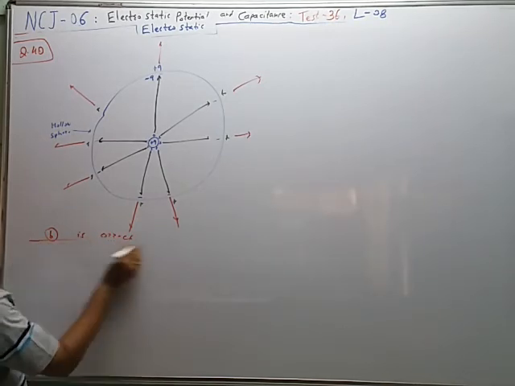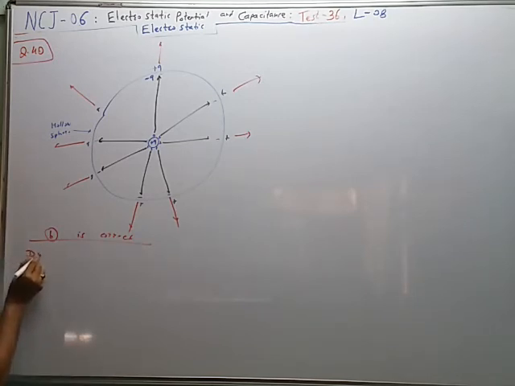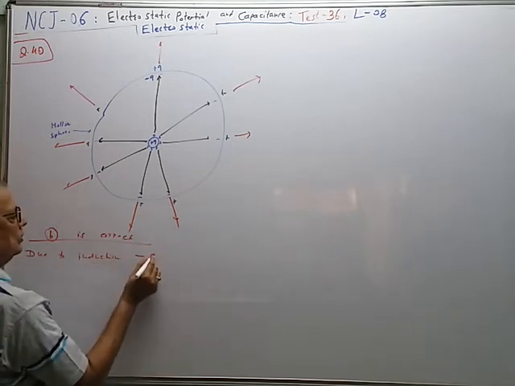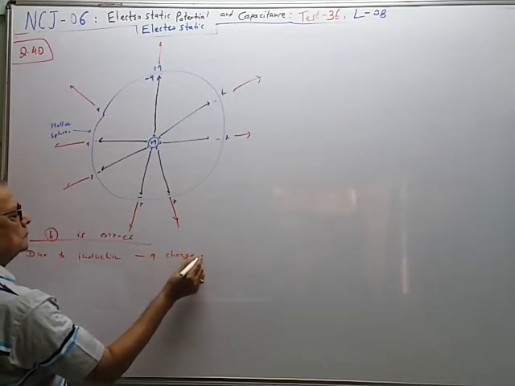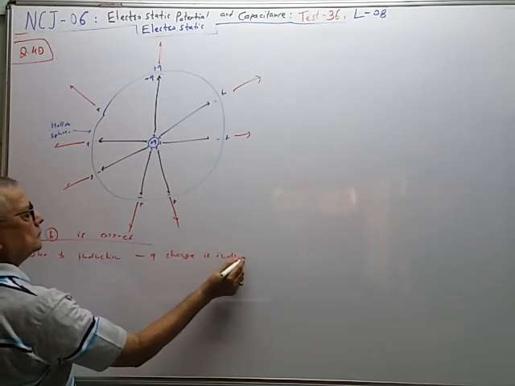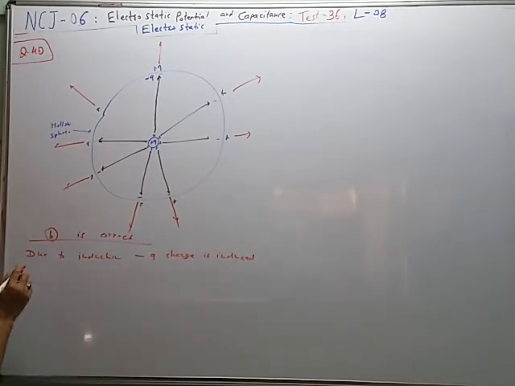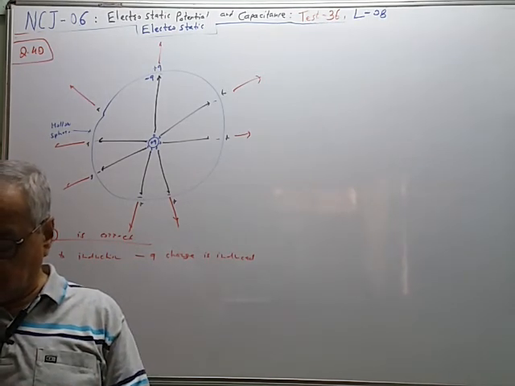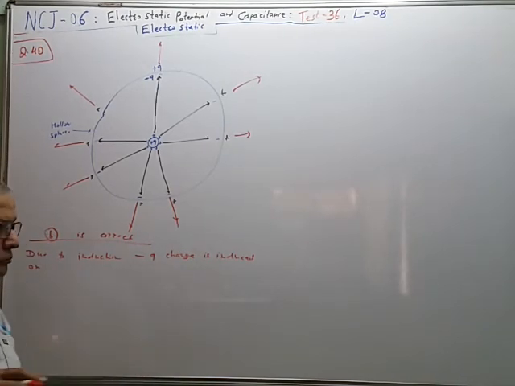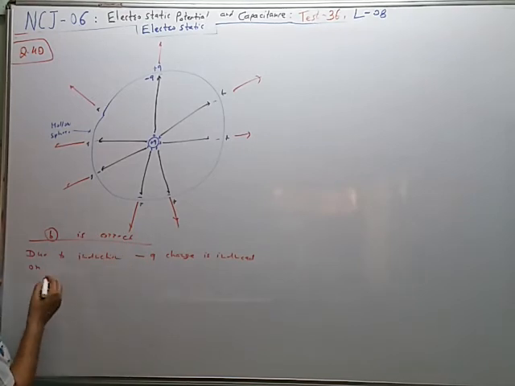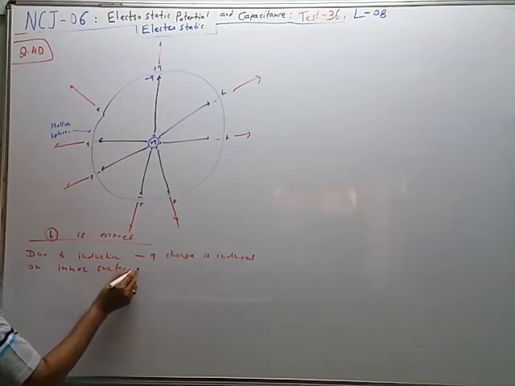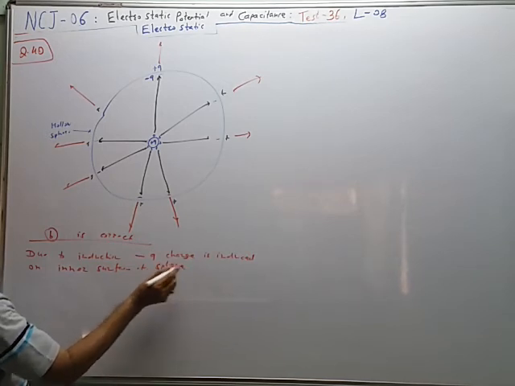B is correct. Why? Due to induction, minus Q charge is induced on the inner surface of the sphere.